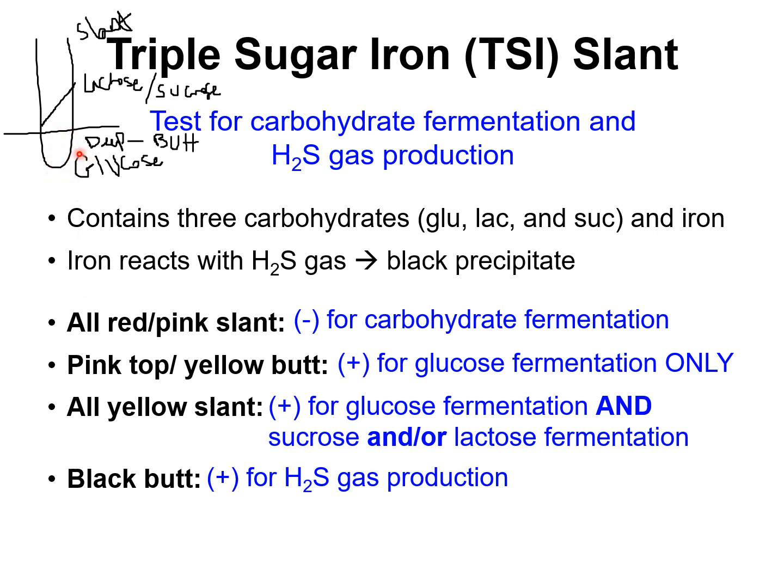So if you see black color down at the bottom, that means there is hydrogen sulfide being produced. Now, it's not a must, by the way, that if your bacteria is fermenting a certain sugar, hydrogen sulfide is going to be produced. No, sometimes it is produced and sometimes it's not.